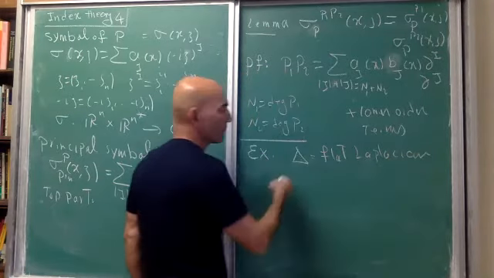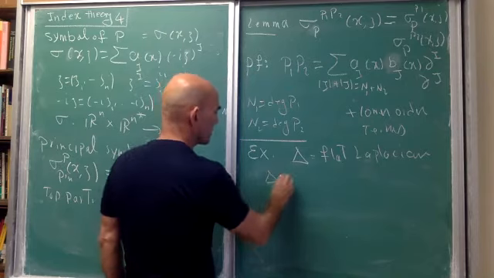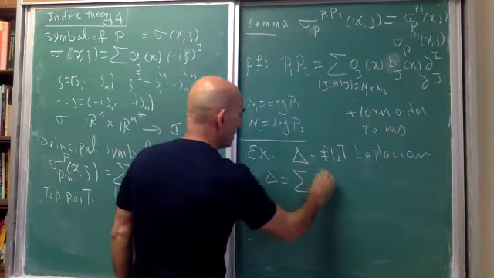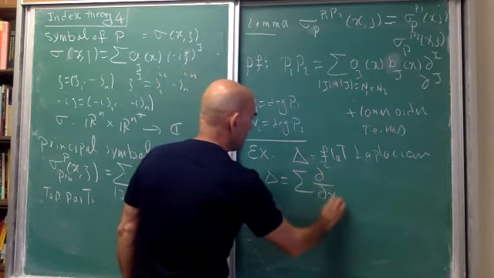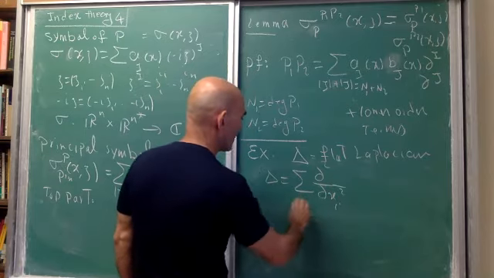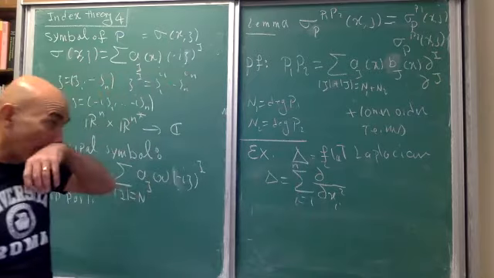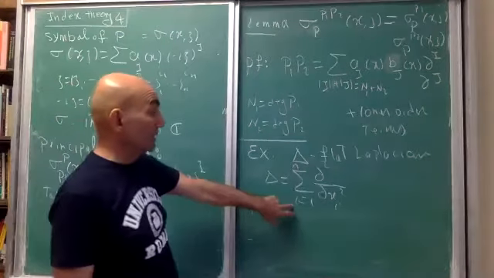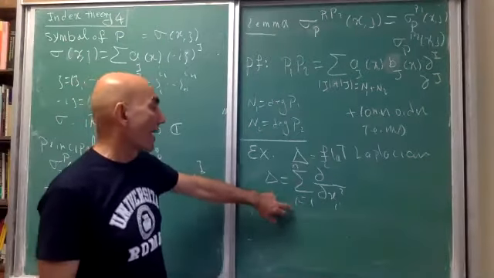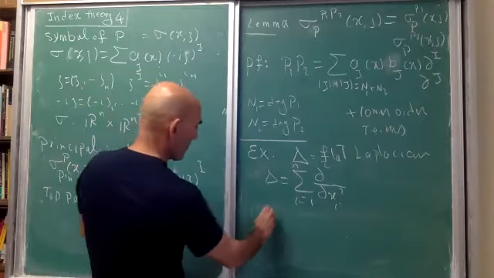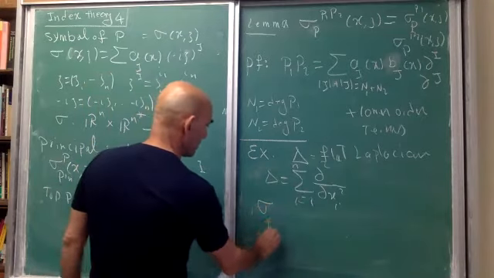So what is it? This is, of course, a differential operator. This is the sum of d2/dxi squared, right? So that's a second order PDE. And what is its symbol? I mean, principal symbol.